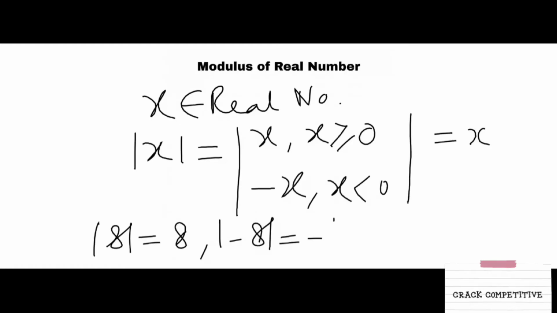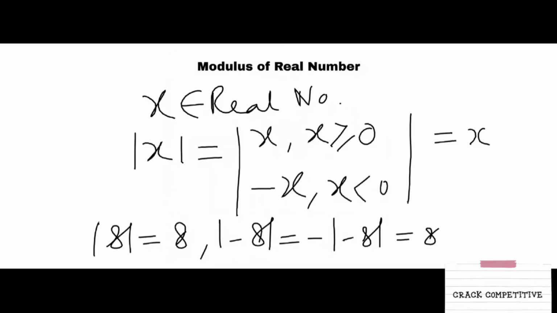It is minus of minus 8, which calculates to 8. Right. So this is a very small part, related to the BODMAS rule, because it is a basic part of simplification also.